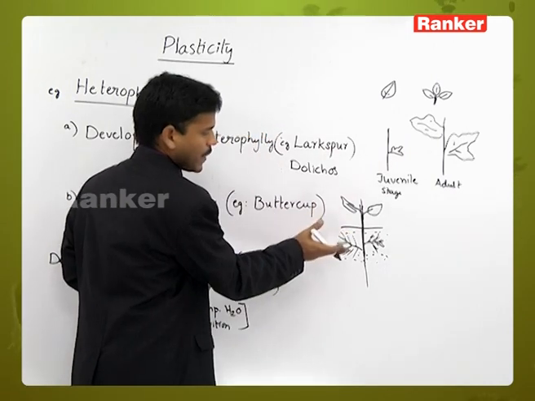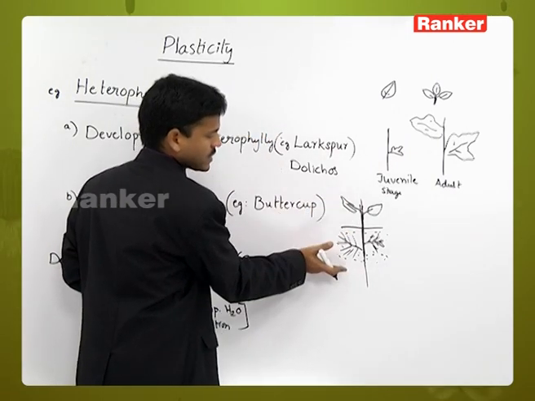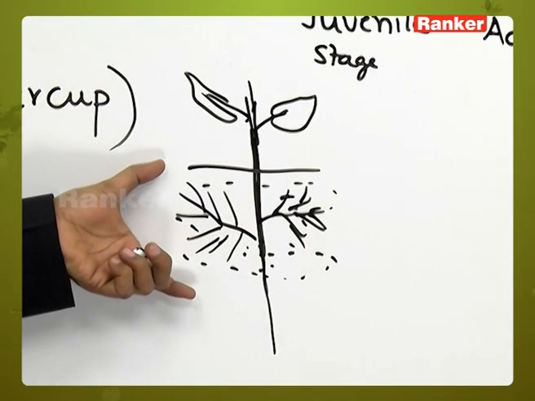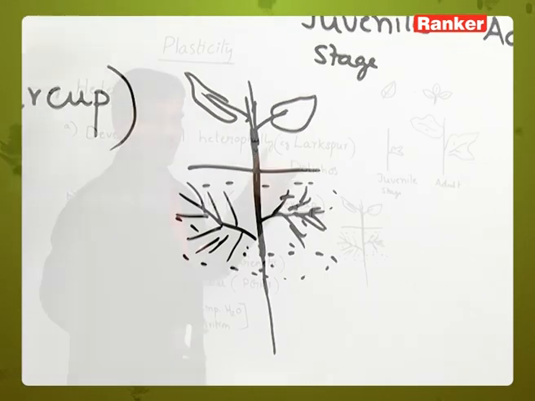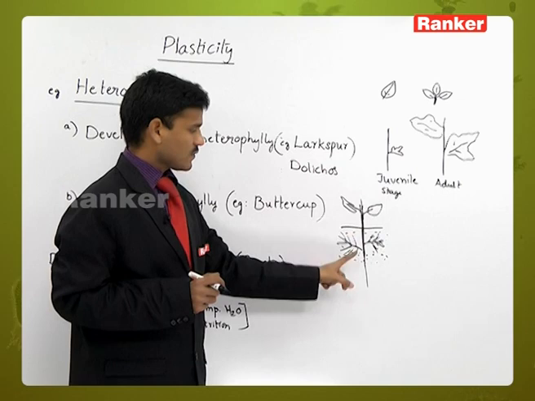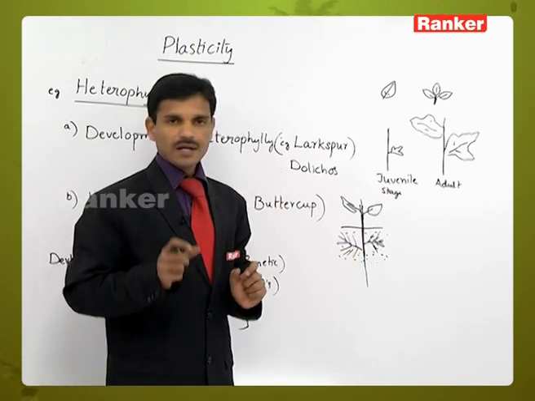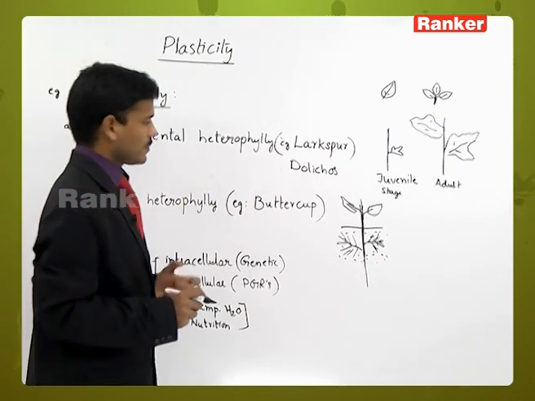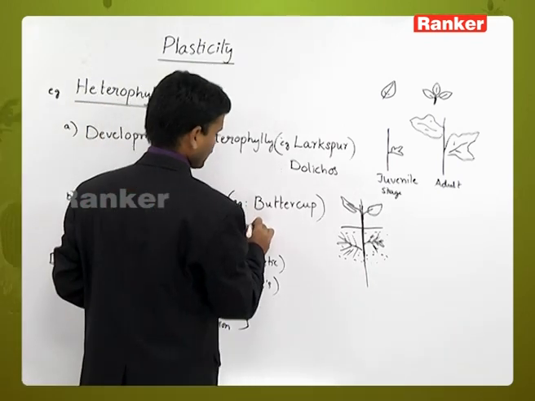So in different habitats, terrestrial and aquatic, the leaf structure is different. The same plant produces two types of leaves. This type of habitat heterophylly is observed in buttercup and also in Limnophila.